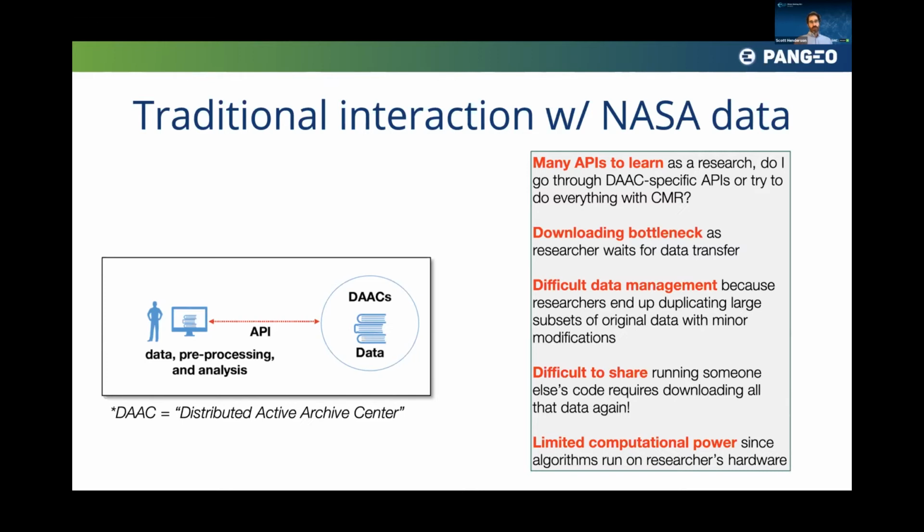This model of searching, getting links, and then downloading those links to a computer is also restrictive because you have a bottleneck for downloading as these files become larger. And it's also quite difficult to share your work with collaborators because you end up duplicating a lot of data and need to have it locally.